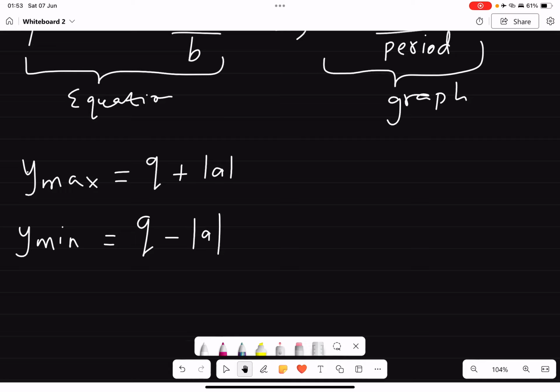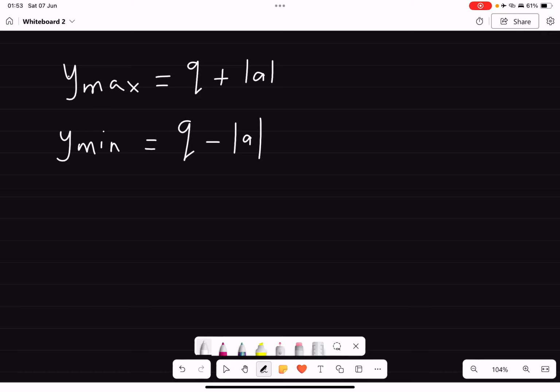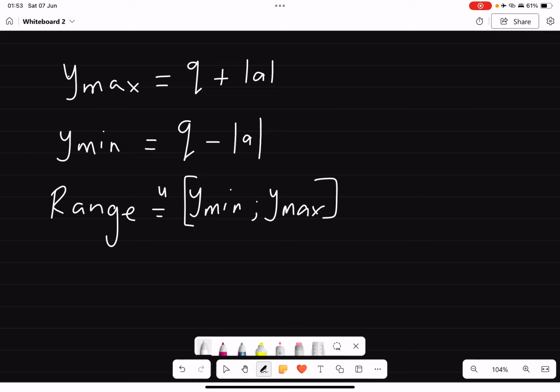Alrighty. And we also need to know how to find the range. The range of these functions is always ymin to ymax, and then we must show y is an element of the real numbers in the front of the bracket, and you must always use square brackets because the y values are also included.